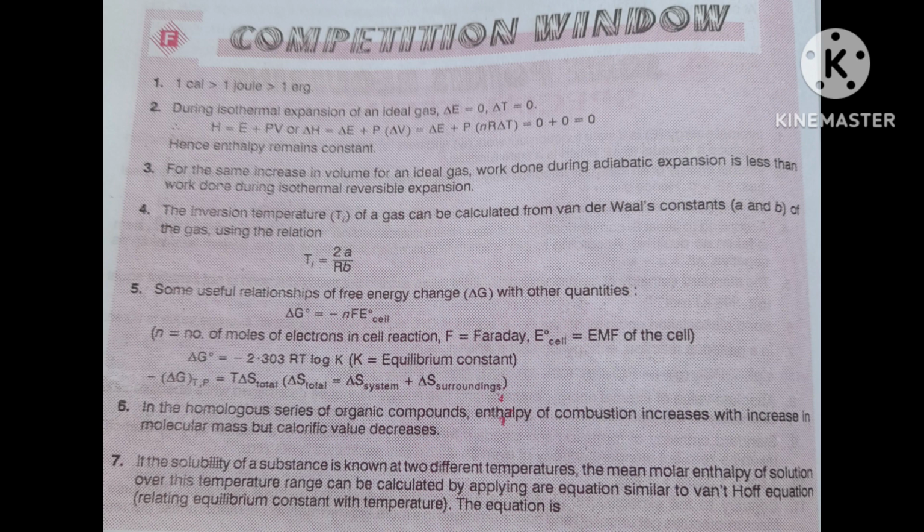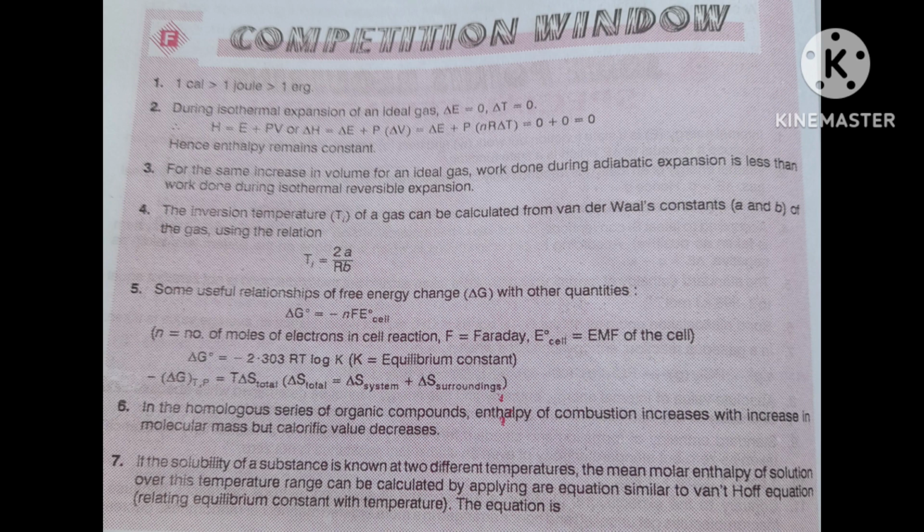In that situation, H is equal to E plus PV, that is delta H is equal to delta E plus P into delta V. In terms of change, you can write H is equal to E plus PV. That you can write delta E. Delta E is equal to delta H is equal to, in the place of H you write delta H.